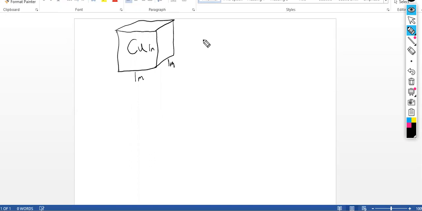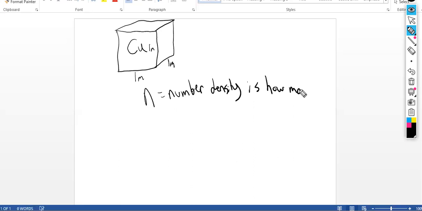Now, there's one thing that we could look up or research about different metals, and it is called their number density. The number density of a metal tells us how many free electrons. I'm literally writing this in a Word document.